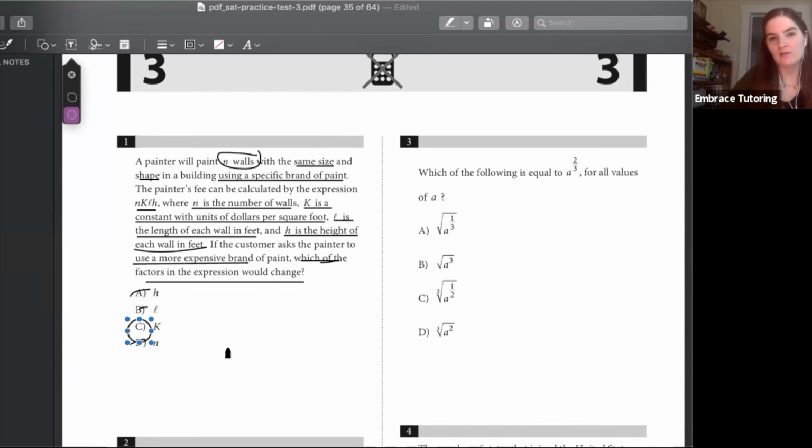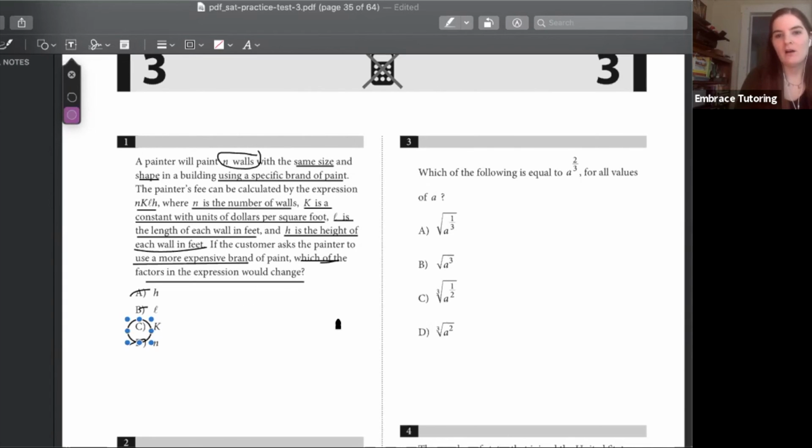None of the parameters specifically for the job have changed other than the paint. And so the paint that we're using will change based on the units of dollars per square foot, the constant that we're dealing with in terms of price of the paint. So K makes the most sense.